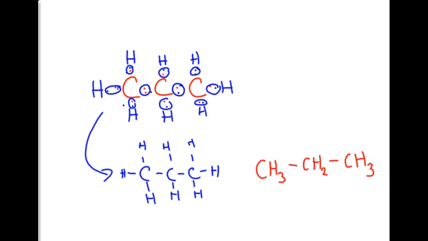I like this model a little bit better because then I can see the lines and I can quickly look at this and I can count lines. Each line represents 2 electrons being shared. So I know that if there's 4 lines coming from carbon, that's going to fulfill the octet rule because each of these is 2 electrons.